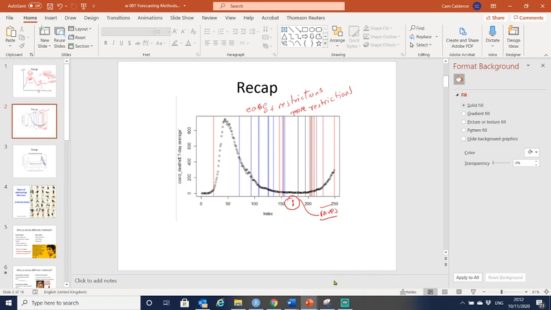So as you can see, we can use these timelines to decide where I am going to set the partitions.